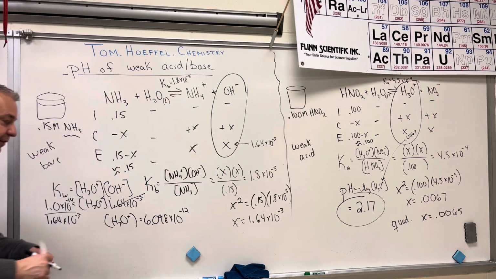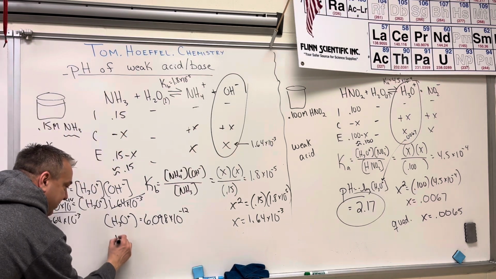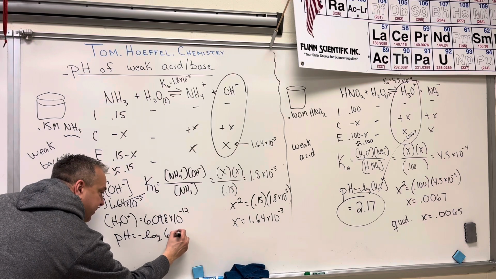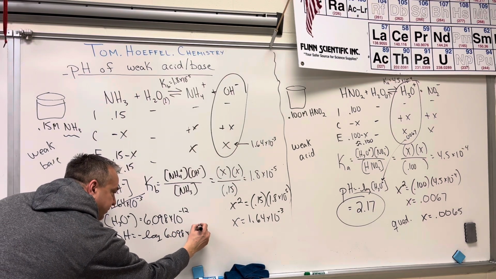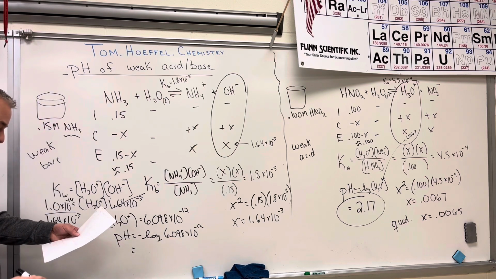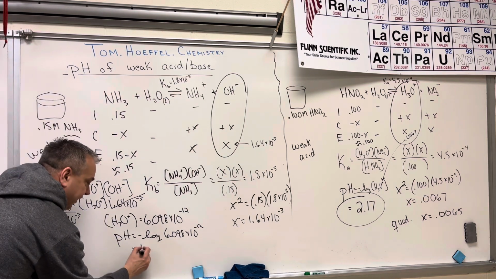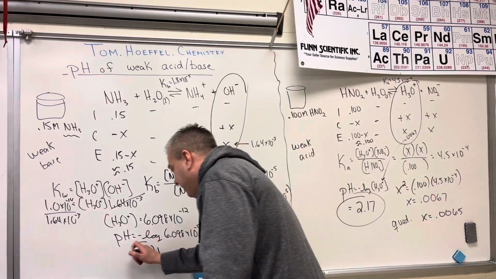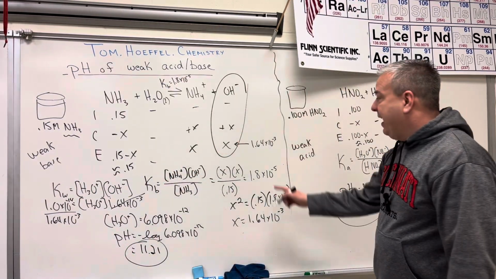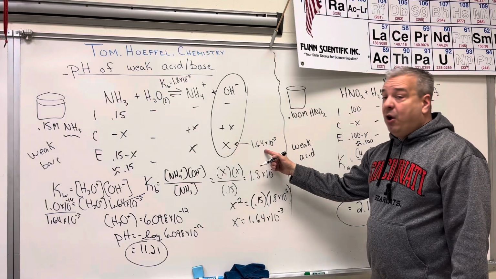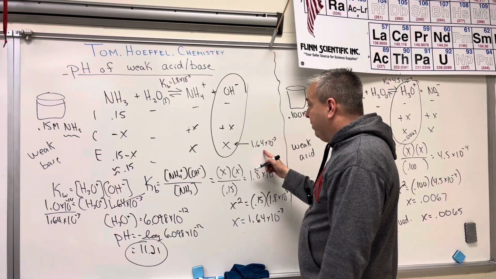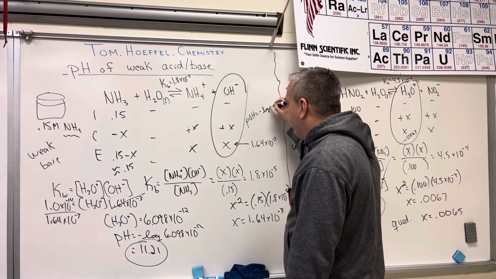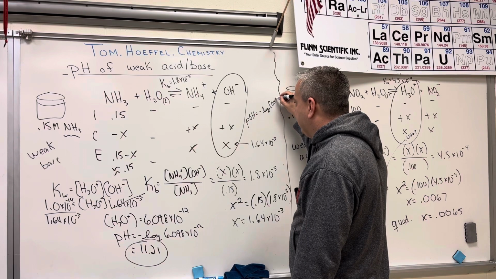And if I take the negative log of that to calculate the pH, so remember pH is going to be the negative log of this number, I get a pH, hopefully you can see that at the very bottom, of 11.21. Okay, so that's way number one that I could figure out pH from this value. Or I could figure out the pOH, because pOH is the negative log of the concentration of hydroxide ions.